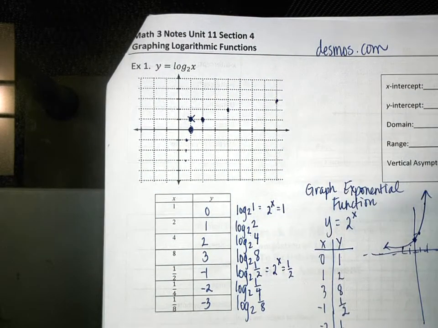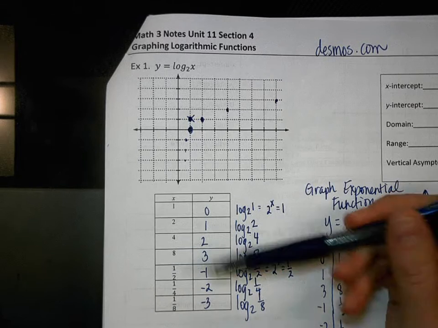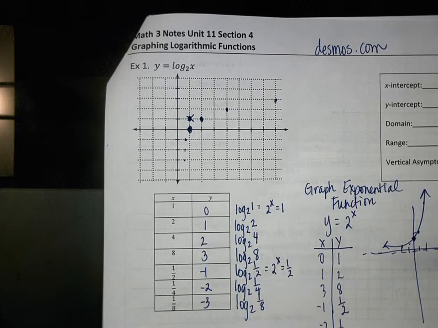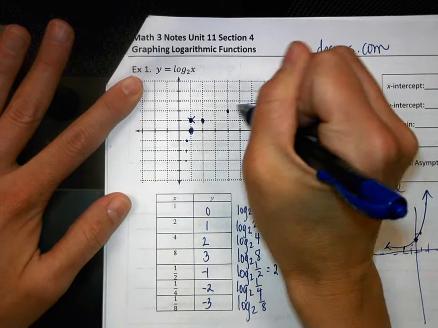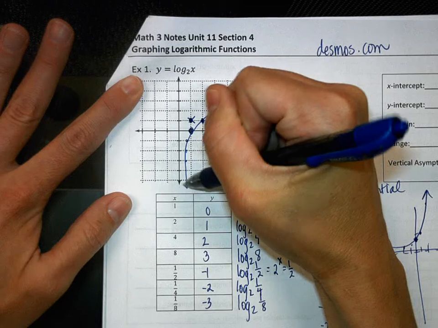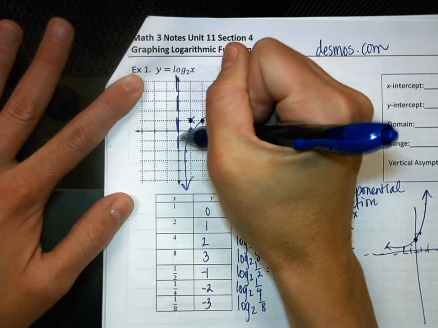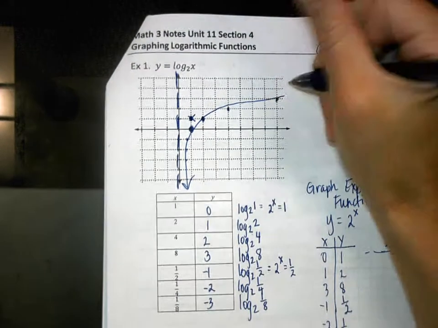Is there ever a value where I could get a 0 for the x? Is 2 to some power ever going to give me the answer of 0? No. And so it's similar, again, to our exponential function in that it has an asymptote here where the graph will never cross.